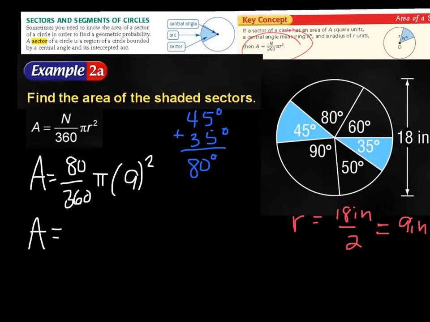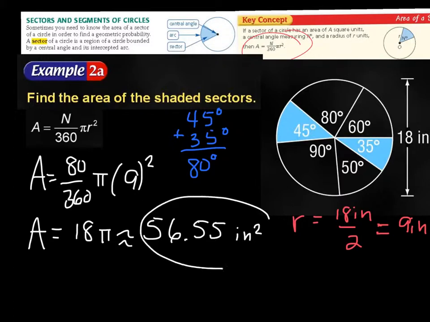So plugging into the formula, we have 80 over 360 times pi times 9 squared. We can simplify that and we get 18 pi, or probably be nice to round, about 56.55 square inches to the nearest hundredth.